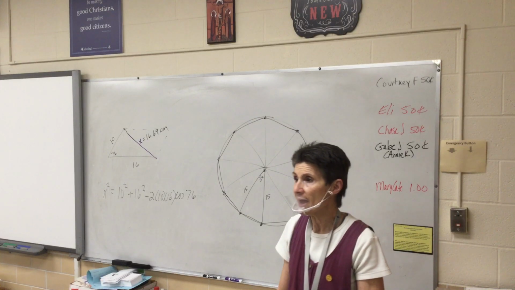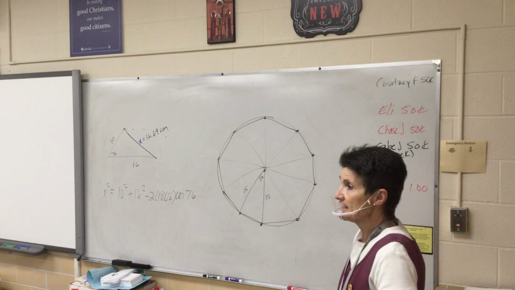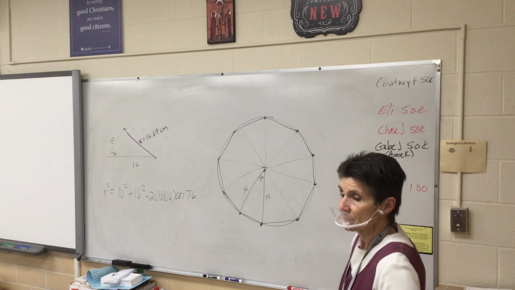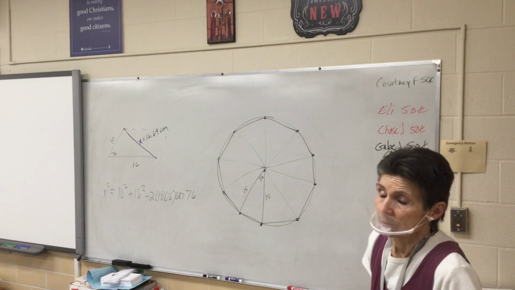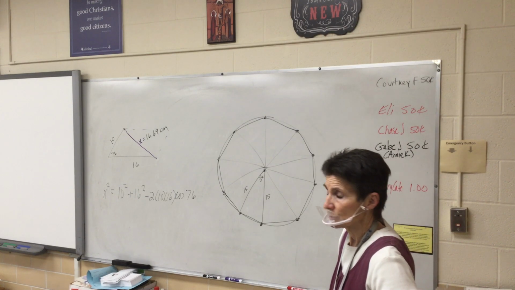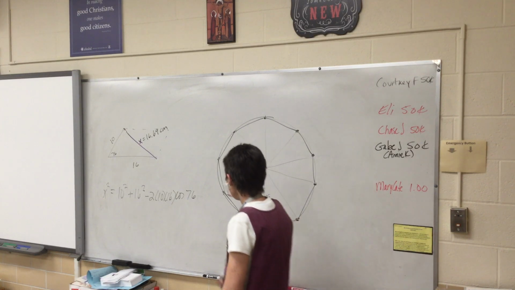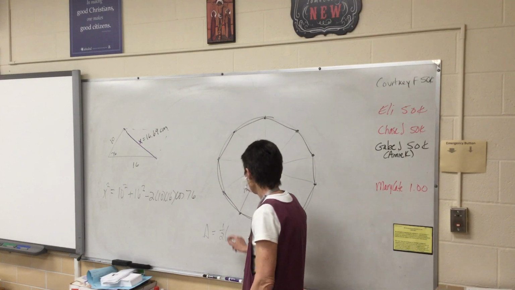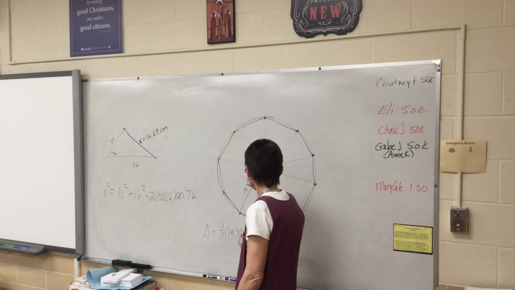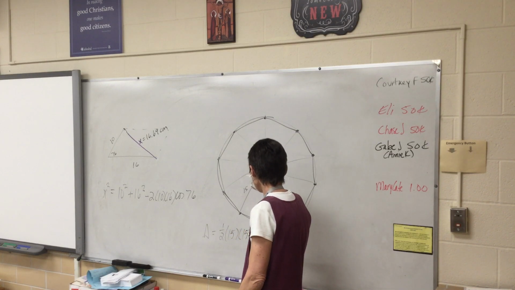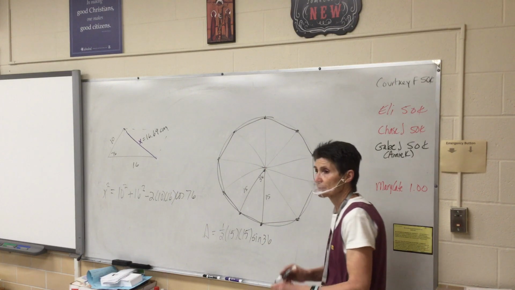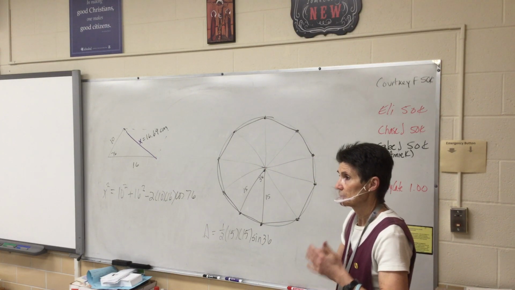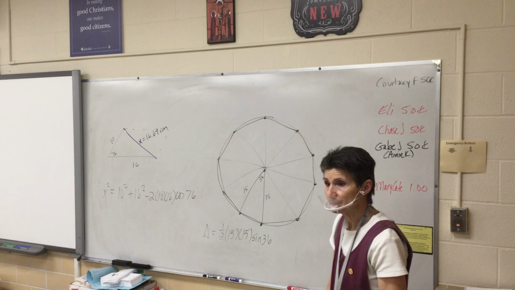Would you all agree with that? Yep. 360 divided by 10. So the area of the triangle is 1/2, 15, 15, sine 36. Would you agree with that?